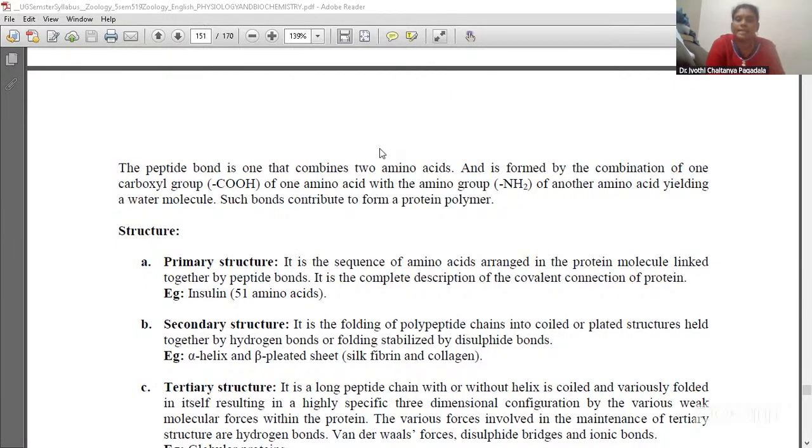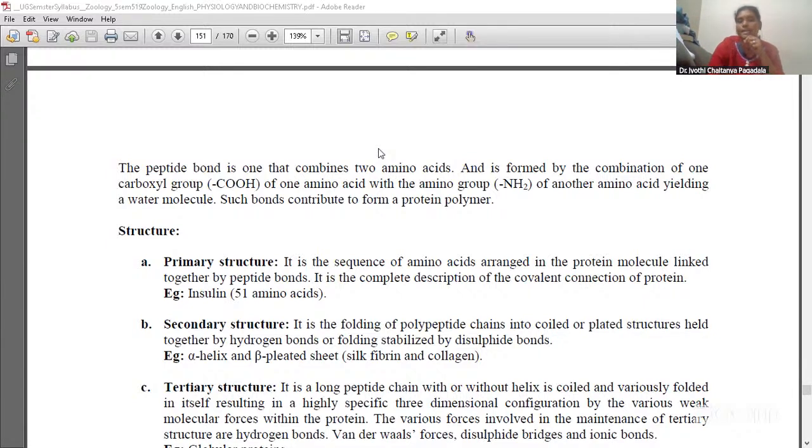In the case of the secondary structure, there is folding of the polypeptide chain into coils. In the primary structure, you can see the chain-like arrangement of the amino acids. There are no coils or plated structures in the primary structure.